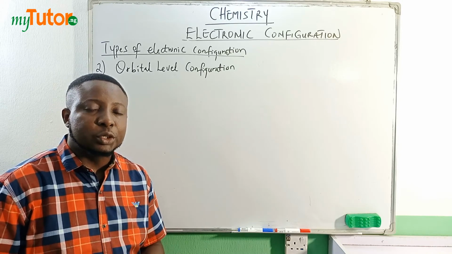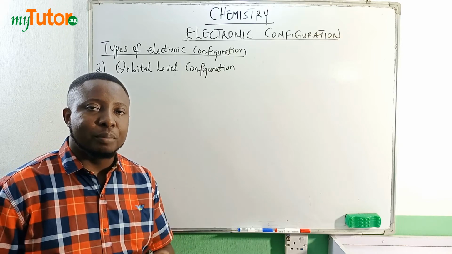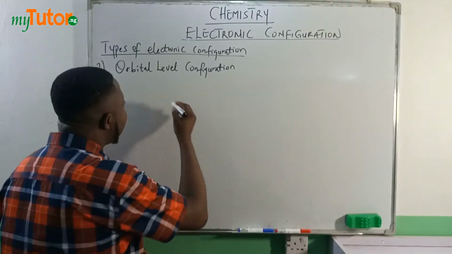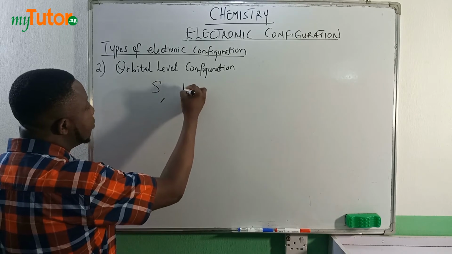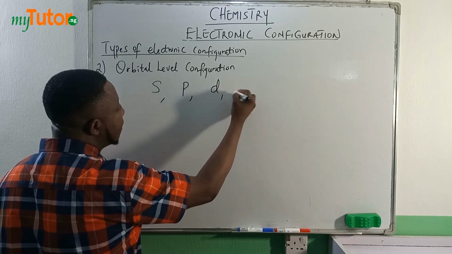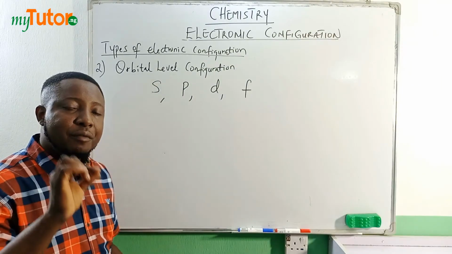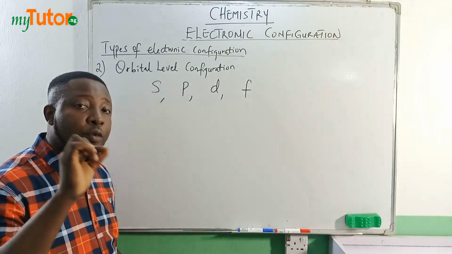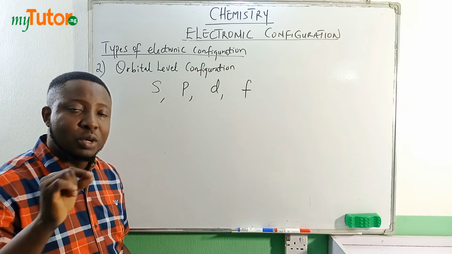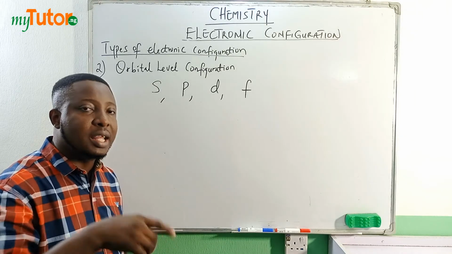And in an atom, there are 4 different orbitals: the s orbital, the p orbital, the d orbital, and the f orbital. So every atom is said to have 4 different orbitals which can be found in each energy level.